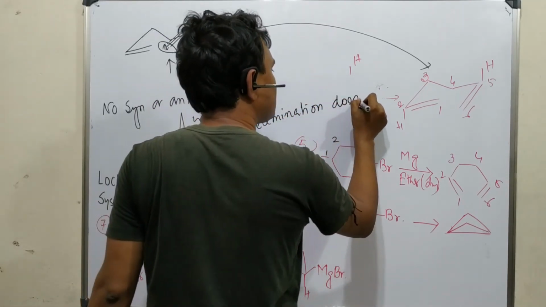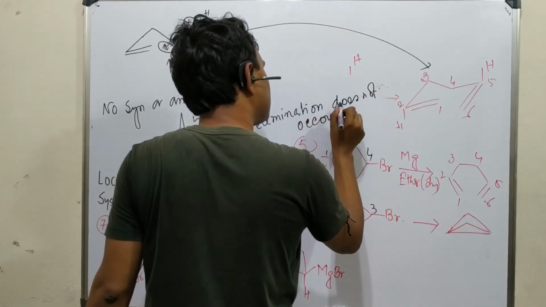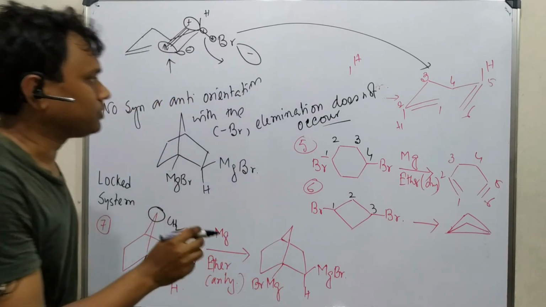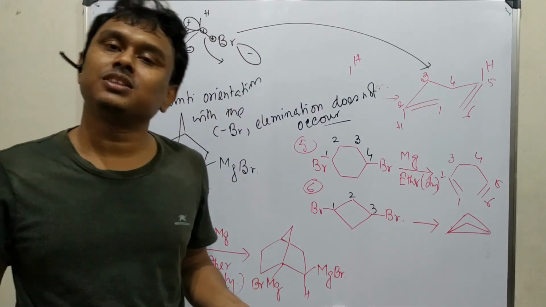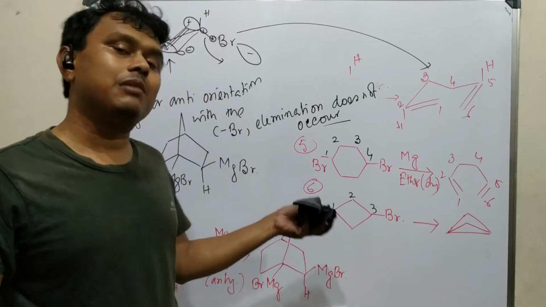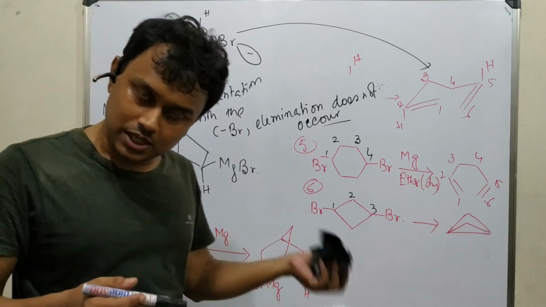Elimination does not occur. Fine, this is the reason. So I guess you have learned some unique examples regarding the preparation of Grignard reagents, which sometimes produce the Grignard and sometimes not. I believe this may be helpful for you.